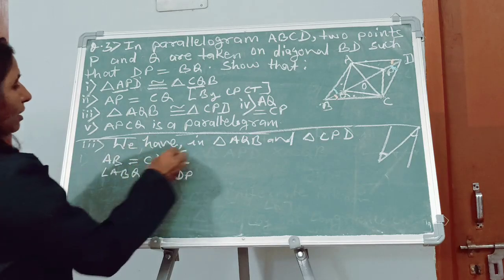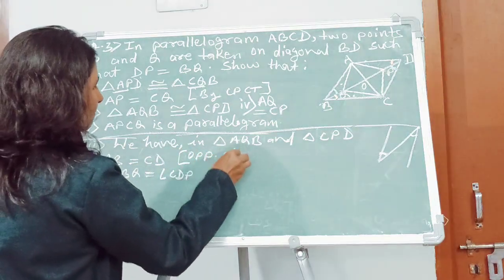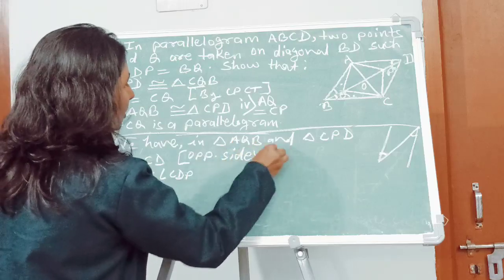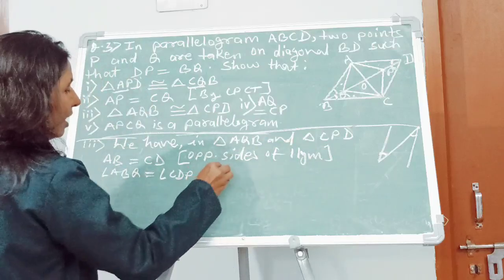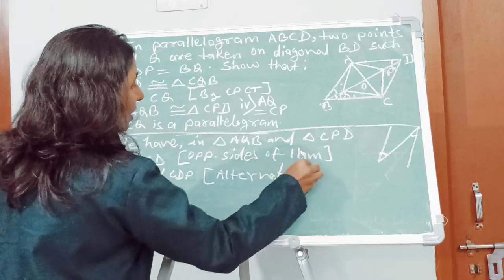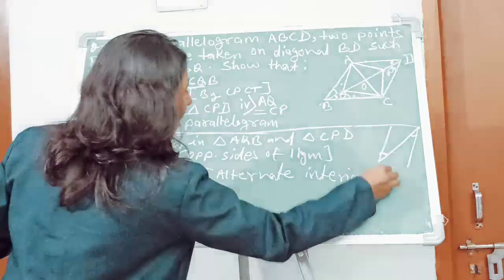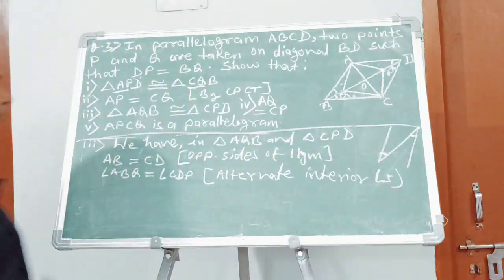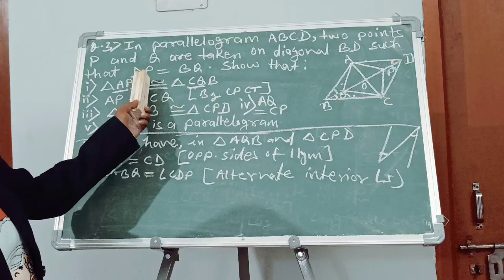This is opposite sides of a parallelogram and this is alternate interior angles. Okay, again let us see, it is already given in the question.